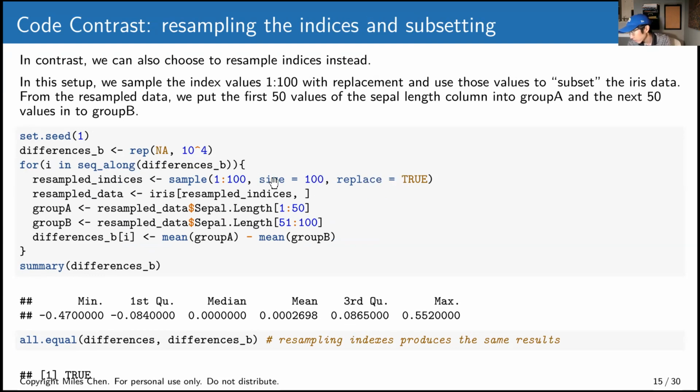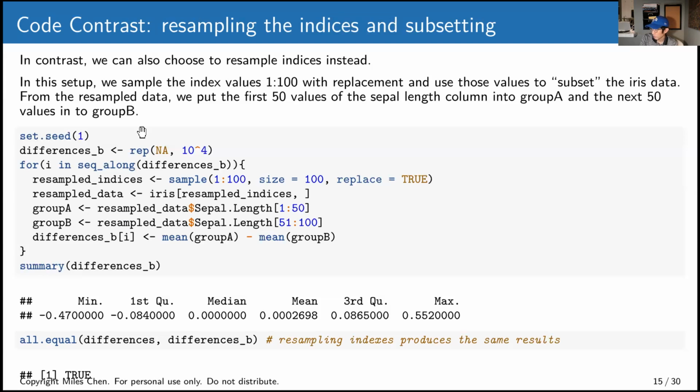So here we resample the indices, and once we got those indices, we subset our data. We're going to put 50 into group A, 50 into group B, and we're going to calculate those differences.